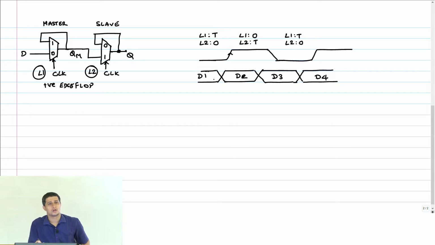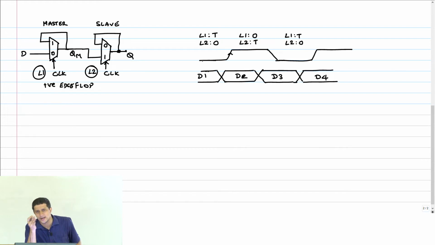So what we want to now see is, how is it that we are able to put two level sensitive latches and still make it an edge triggered flop. Okay, so let's see what happens to D1. D1 is changing in the 0 cycle, during which L1 is transparent.